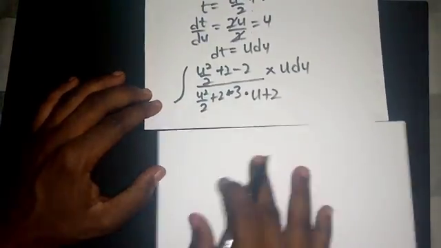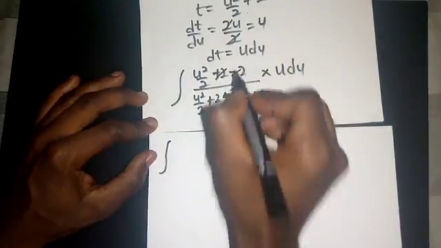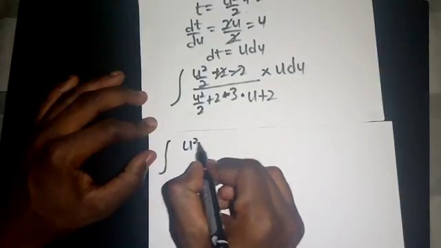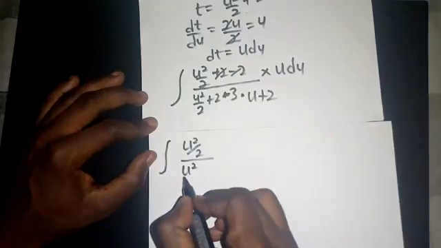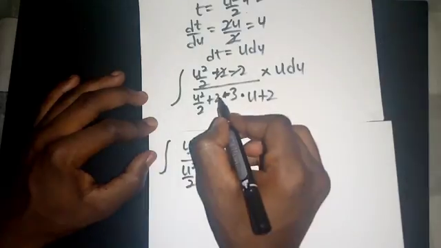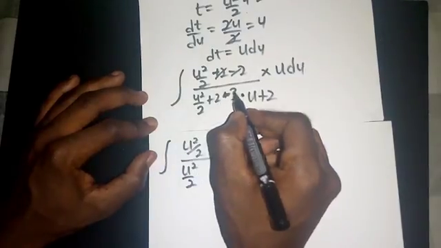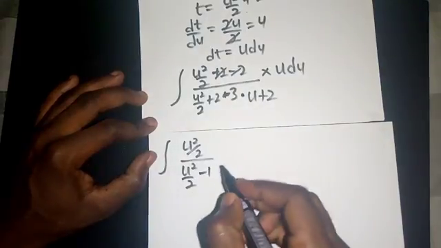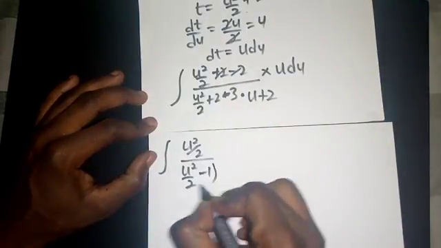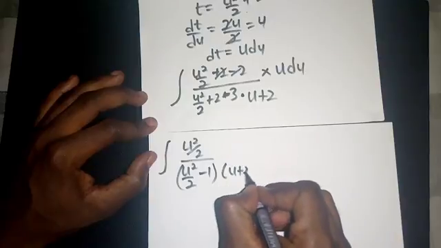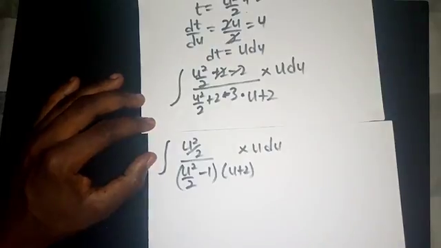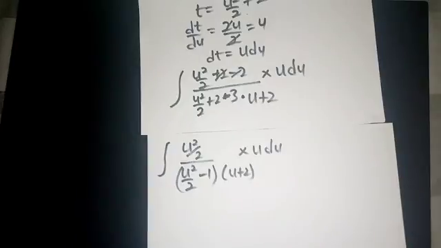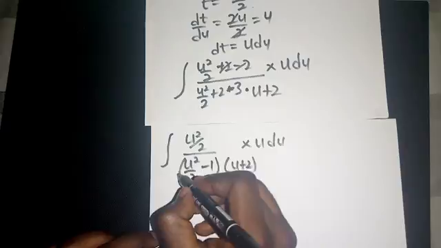Then let's continue. From here, the positive and negative go away, then we have u squared divided by 2 over u squared divided by 2, 2 plus 2 minus 3 is just negative 1, then we have u plus 2, and we still have u du here. Let's check something over here.